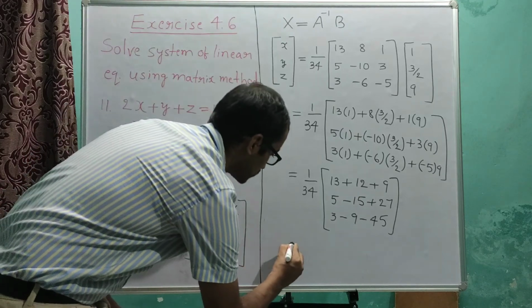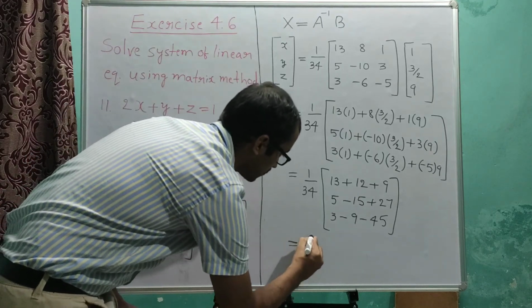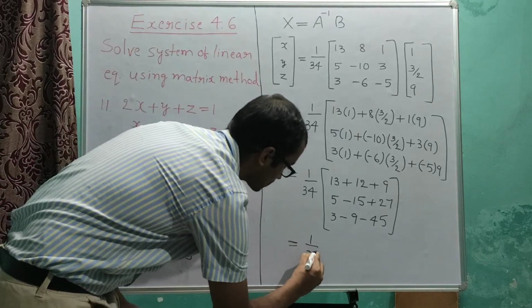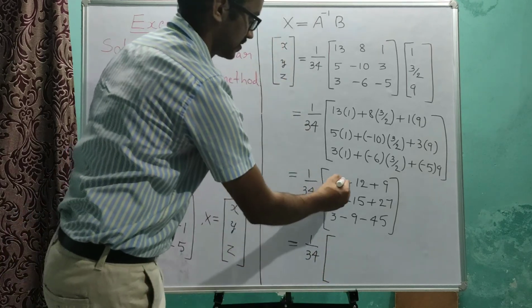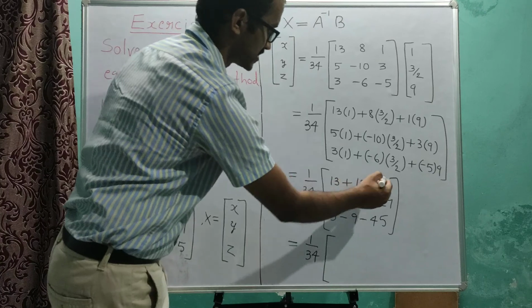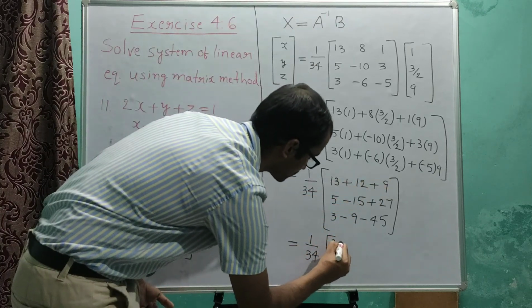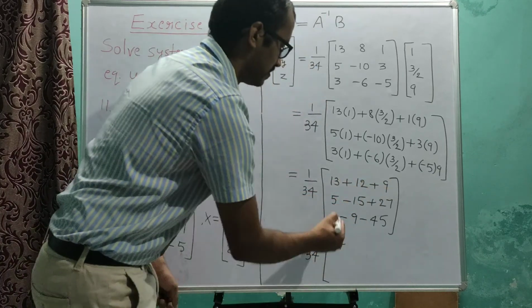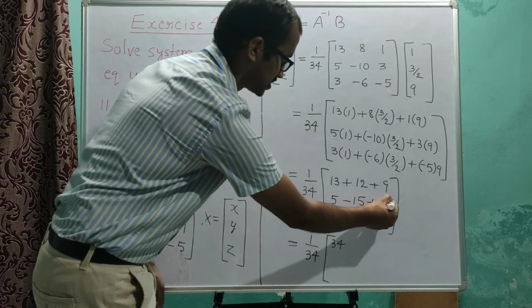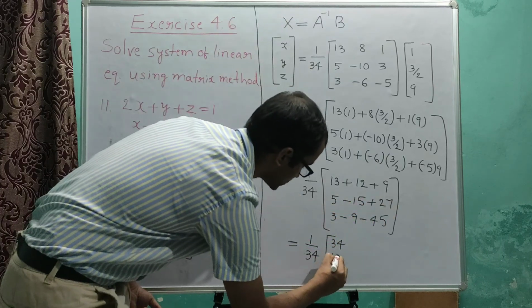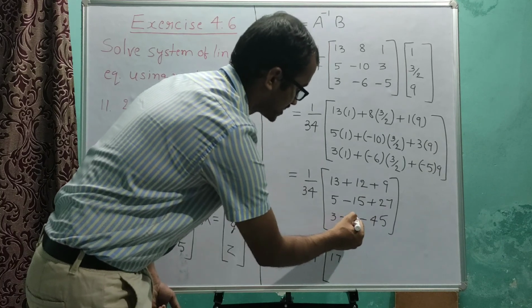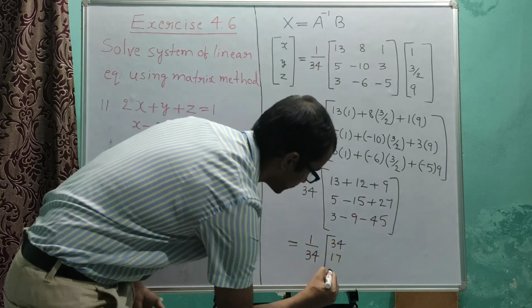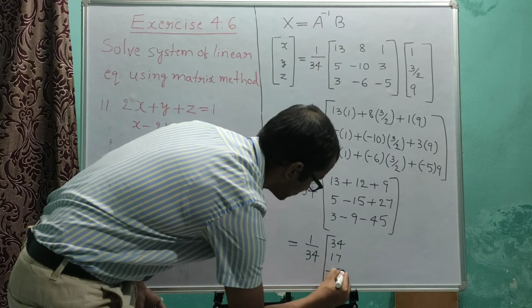So that is equal to 1 by 34 into, here 25 plus 9, 34. Minus 10 plus 27, that is 17. Here minus 6 minus 45, that is minus 51.